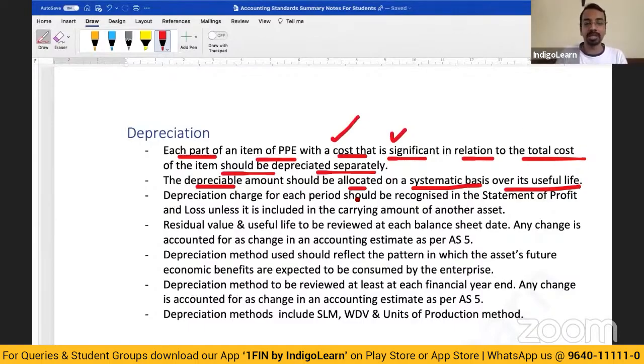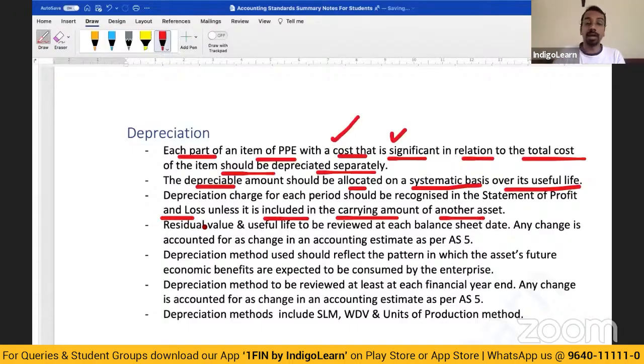Okay, so depreciation for each period should be recognized in the statement of profit and loss unless it is included in the carrying amount of another asset. Another asset here basically means it could be an inventory, it could be an intangible asset, it could be another tangible asset. You have to add it to that.